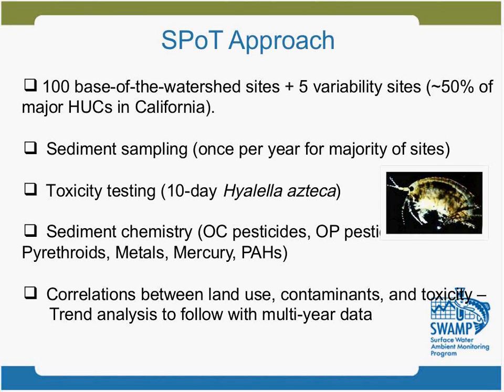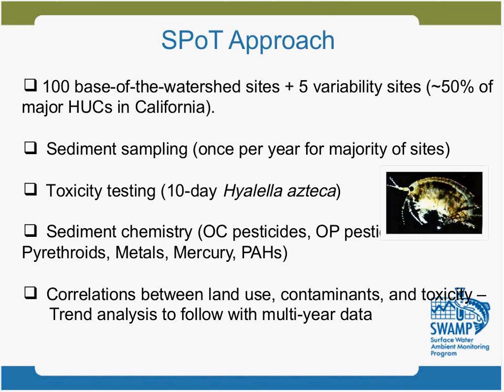And what we're doing is sampling once per year for all of these sites, doing toxicity tests with this little amphipod, Hyalella azteca. The Hyalella occurs naturally in the major watersheds we're sampling, so it gives us a good linkage to resident macroinvertebrate communities.